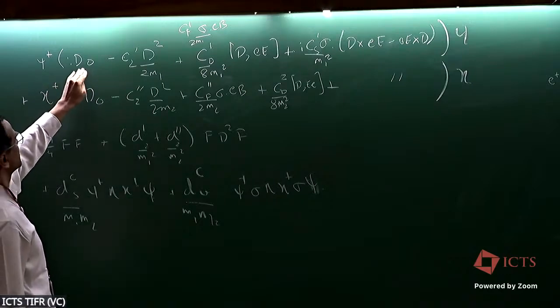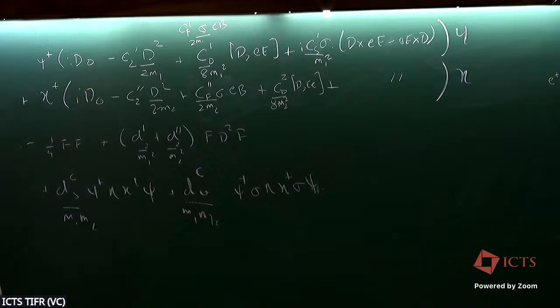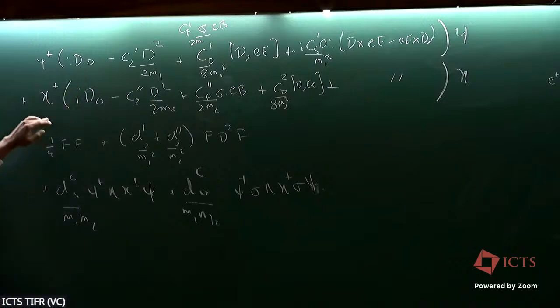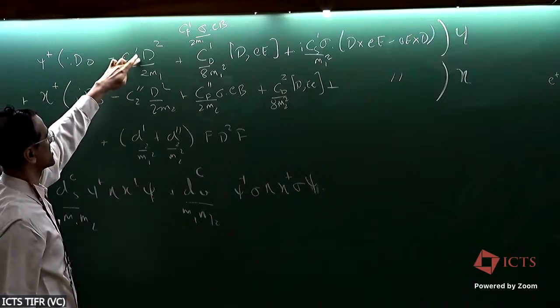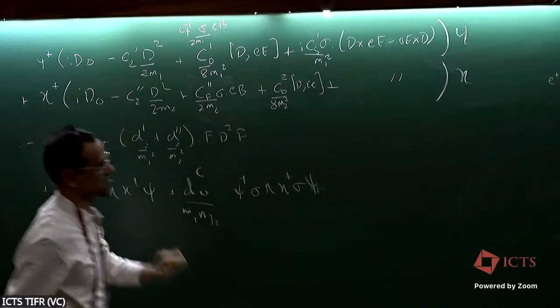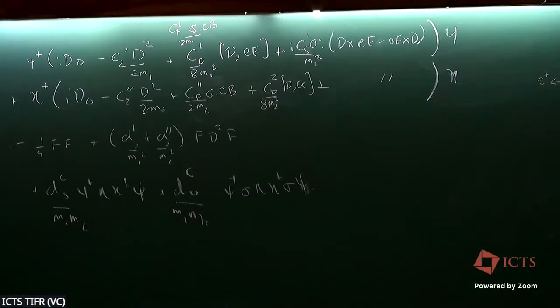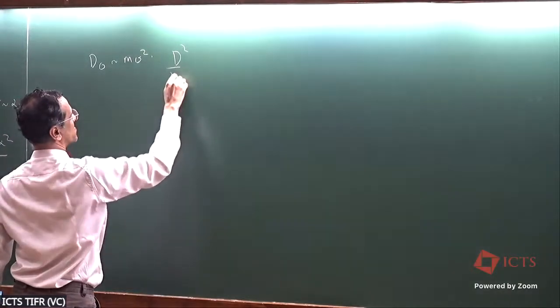For example, this tells you about the kinetic energy of the system. i D_T psi is the energy of the system. And even though this looks like suppressed by 1/m, it will be of the same order. So one lesson we learned here is that D_0 is of the order of mv squared, and D squared by 2m is also.